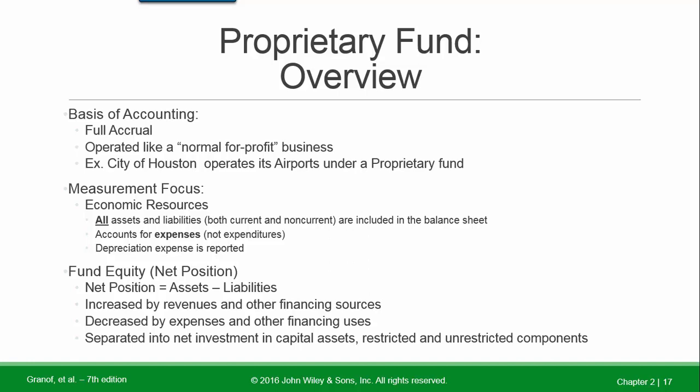Records depreciation expense. The fund equity, or net position: net position equals assets minus liabilities. This is increased by revenues and other financing sources, decreased by expenses and other financing uses. The fund equity for proprietary funds is separated into net investment in capital assets, restricted, and unrestricted components.